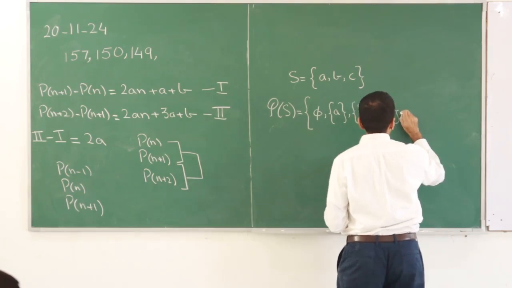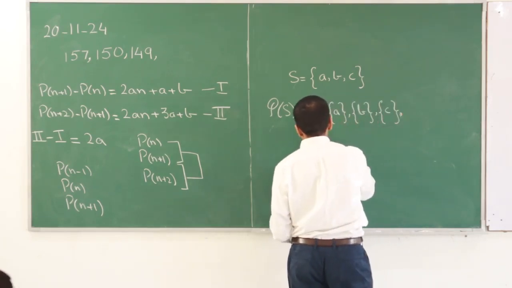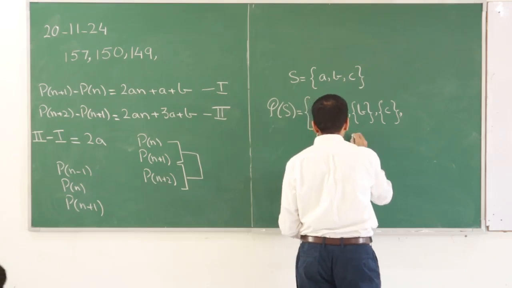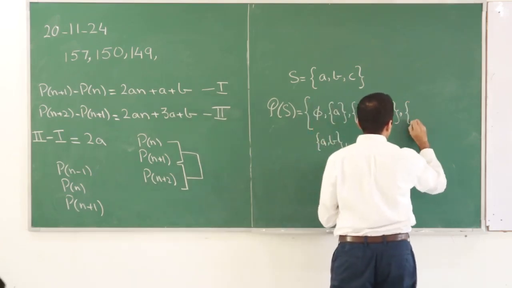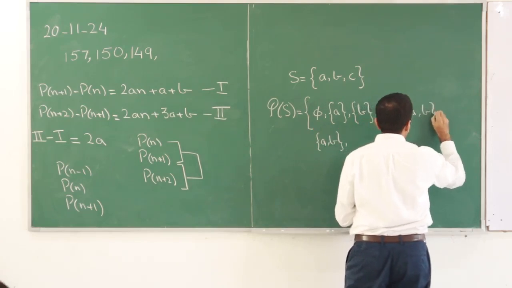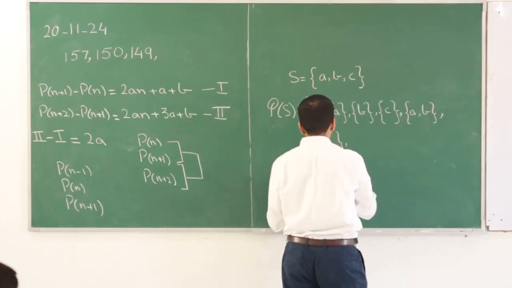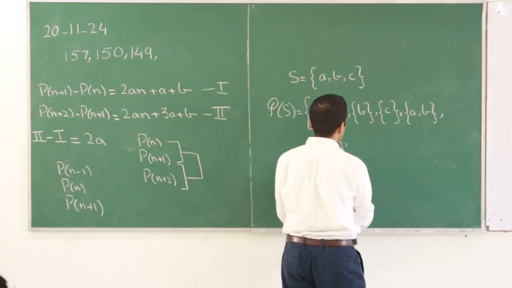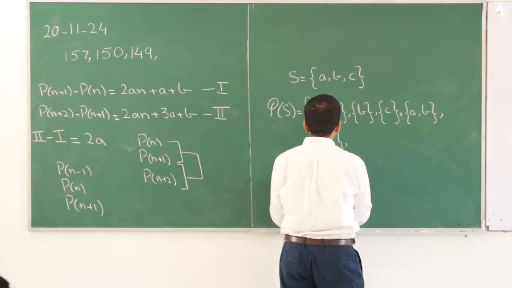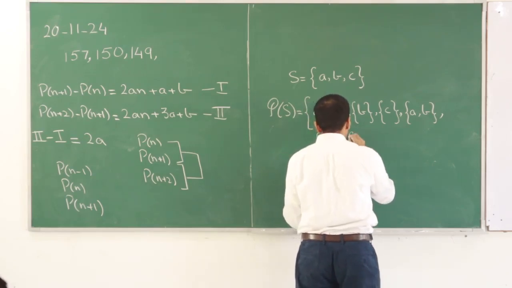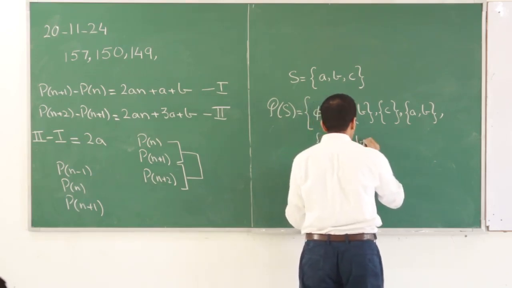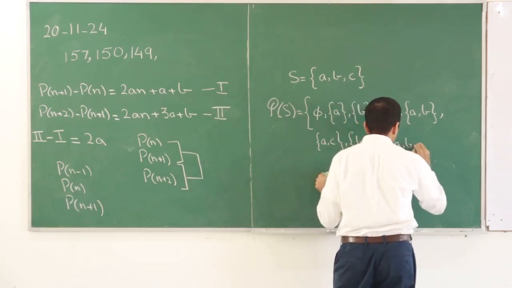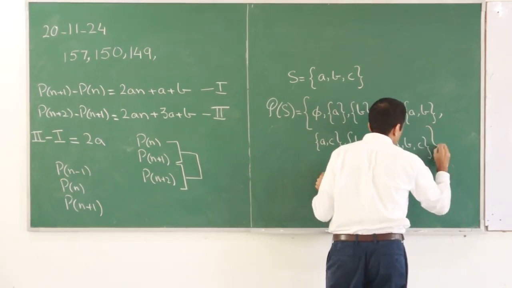Then you will have the set AB, the set AC, and then the set BC, and then you will have the set A, B, C.